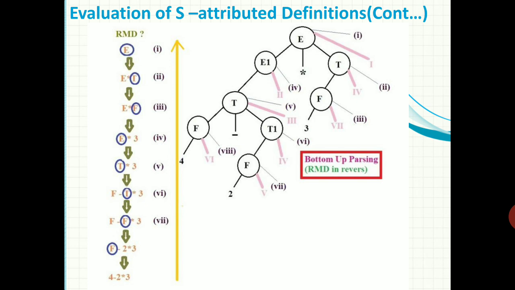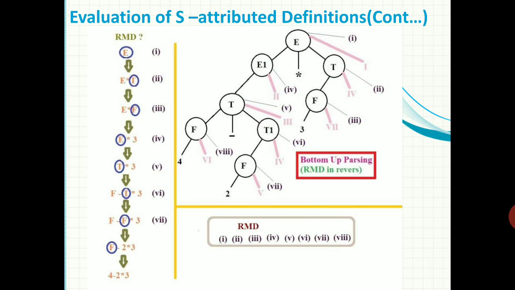Then we are going to find out the rightmost derivation. That is, first we will perform step 1, then 2, then 3, then 4, then 5, then 6, 7, then 8. In that order we are performing it. So the reverse of this rightmost derivation is the reverse of these numbers.